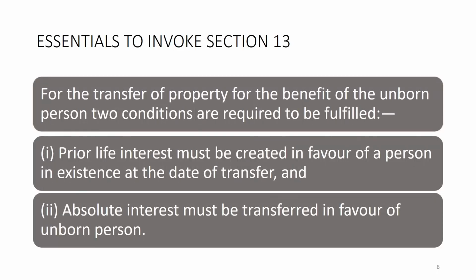So, the person in between, that means between the transferor and the unborn person, there may be a number of prior life interest persons. Okay. And these prior life interest persons will carry that property one by one if there is more than one.